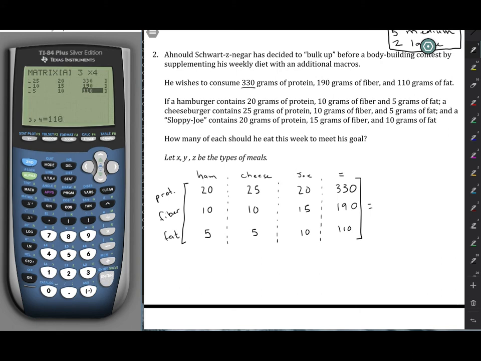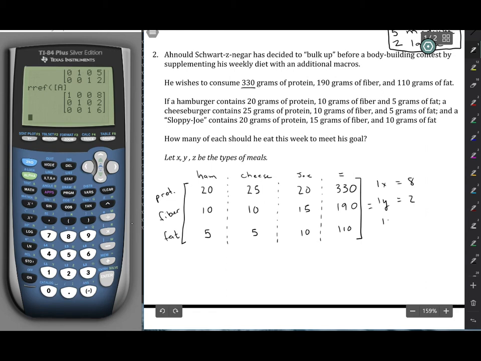Now, you could, back in the day, solve these using algebra, but we'll just use good old RREF. So the RREF matrix reveals that we need 1x is equal to 8. Again, 1y is going to be equal to 2.